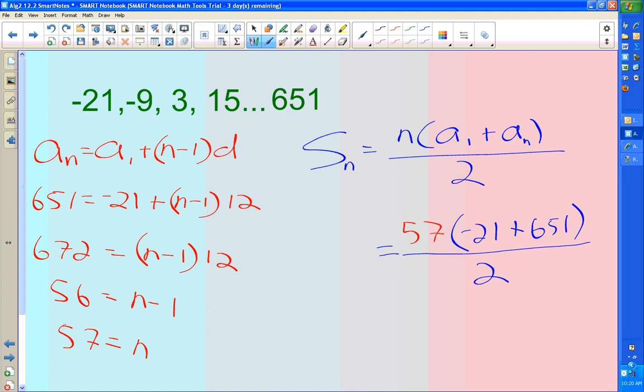Any questions on getting to that point? Anyone not seeing it? So when you simplify here, 57 times, when you add negative 21 and 651, you're going to get 630.